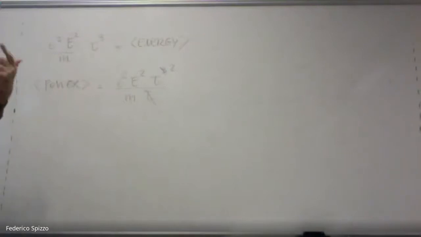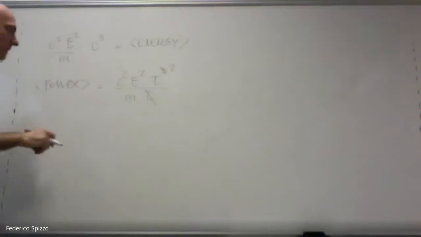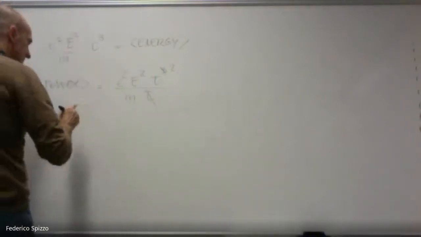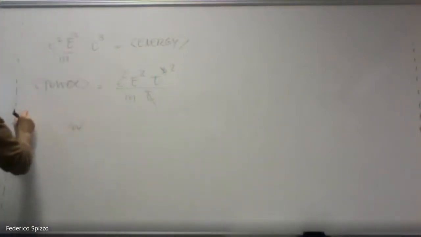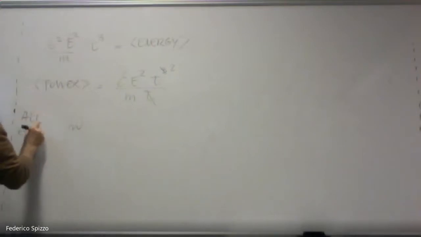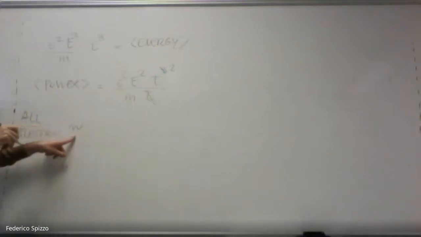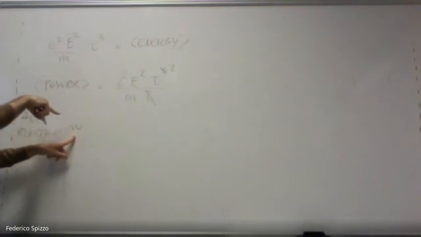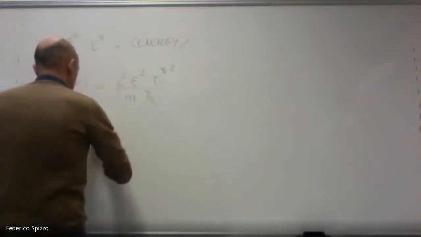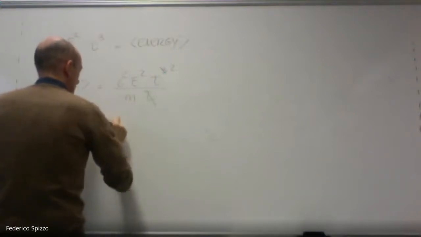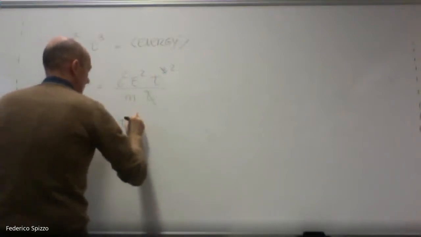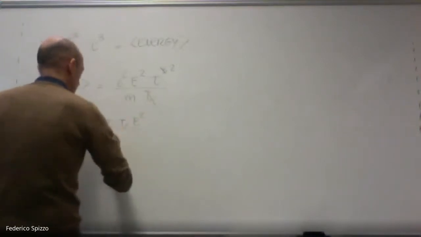If we consider a number of electrons equal to n, so the density of electrons is n, the contribution given by all the electrons is equal to the density of electrons, so we have the contribution per unit volume because we multiply by a density, times E squared relaxation time, E squared divided by m.